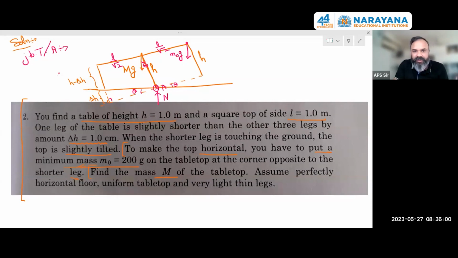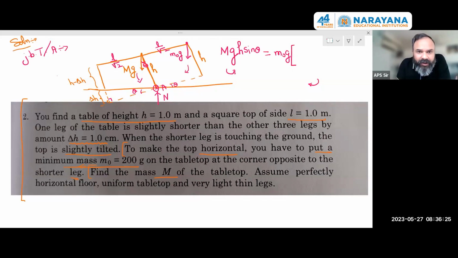Normal to this. Basically, whatever torque Mg is providing and m0 g is providing should be balanced. So practically Mg into this distance, which is h sine theta. I'm just writing the magnitudes from this side. And from the other side, that will be m0 g into the distance.